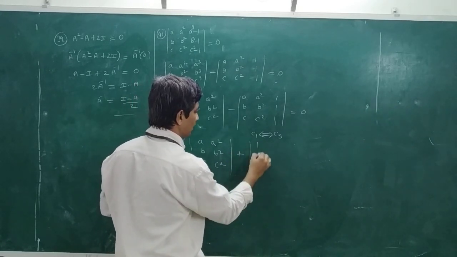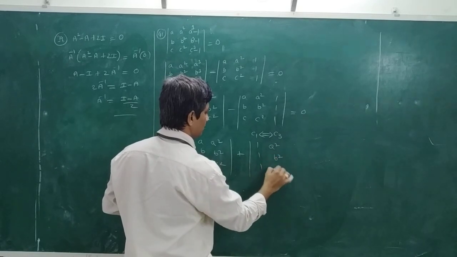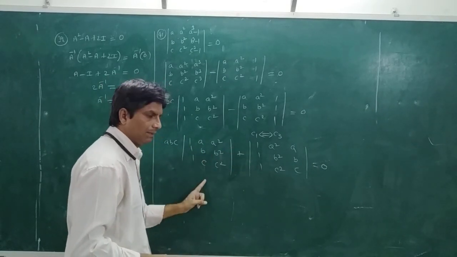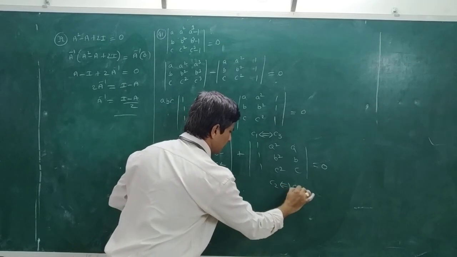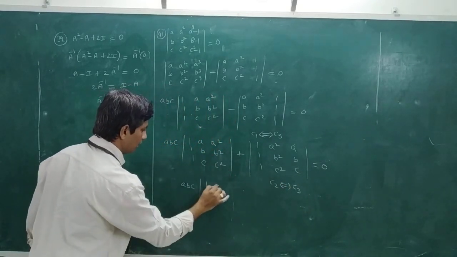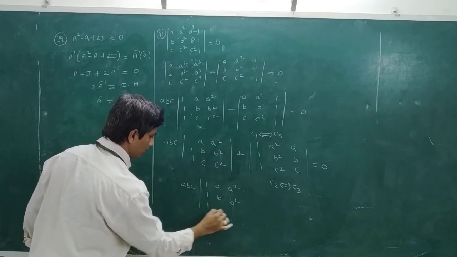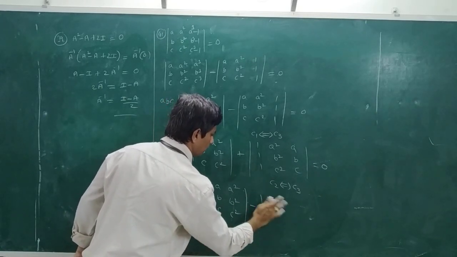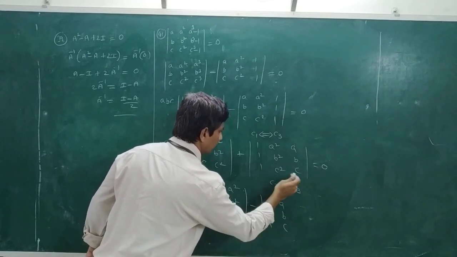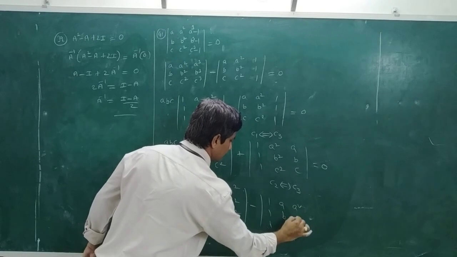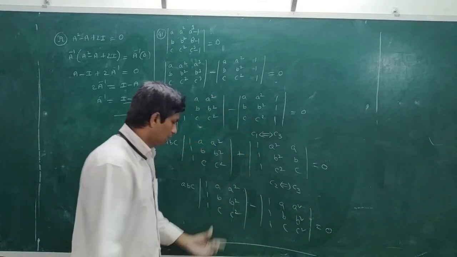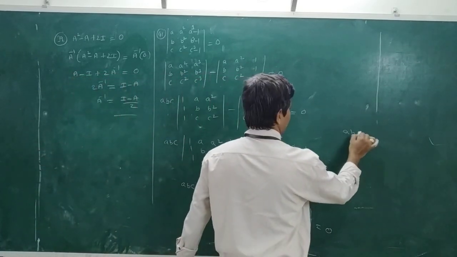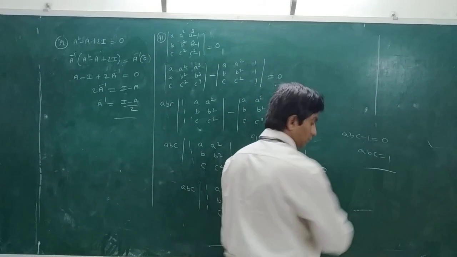Minus into minus is plus. Now if you observe clearly, these two determinants are the same. Taking this determinant common, we get ABC minus 1 equal to 0. So the answer is ABC equal to 1. Next.